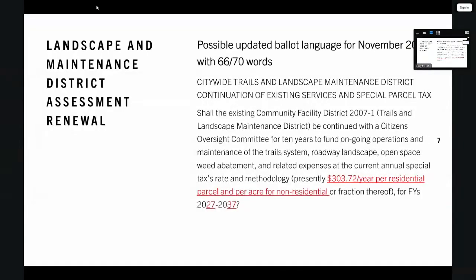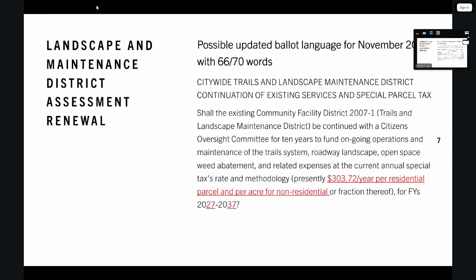Okay, so on this one, again, we have up to 75 words, so we've got a few more to do. But this would add in the residential parcel amount and then the per acre, which is our current practice for larger holdings, where they charge per acre for non-residential properties.